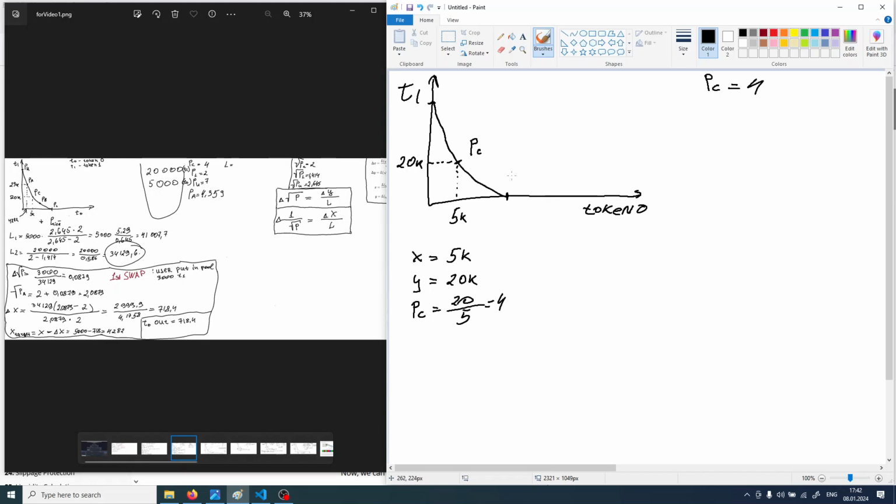Let's create the lower price point, which will be 2, yeah, and the upper price P upper will be 7. Okay. What will be next?